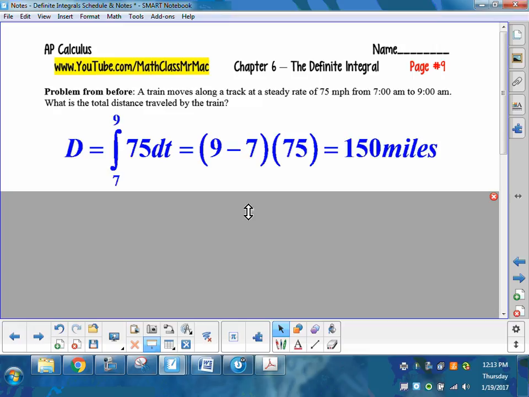Because that is a constant, you're going to get a rectangle. Do you remember we did that problem yesterday? That's the integral to do that. Now, let's ask this.